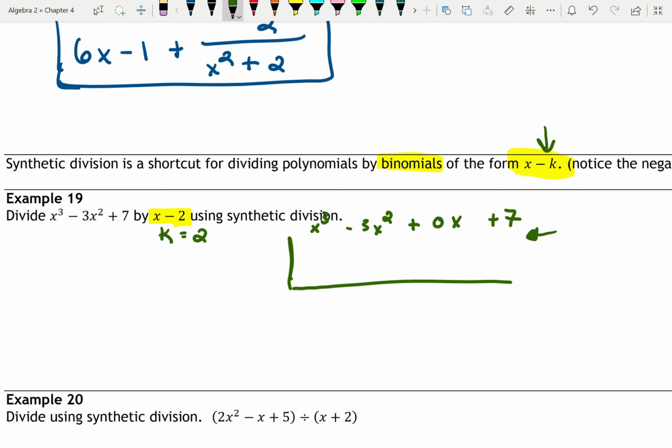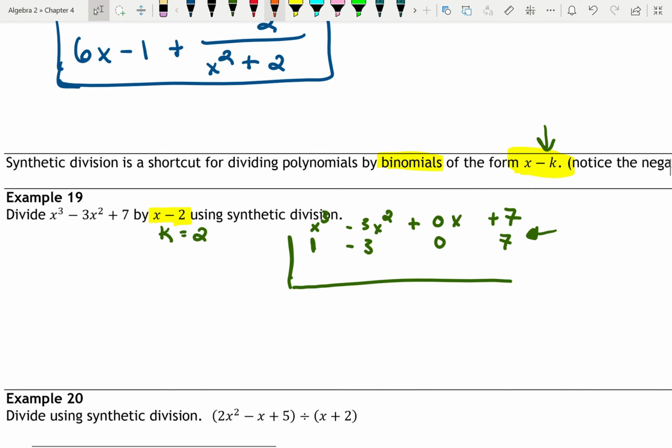Right? Normally you don't have to copy it down like that. We want just the coefficients 1, -3, 0, and 7. Okay? So again, this piece up above, you don't need to write that for all the problems. And then your k value goes out front here. That's 2.